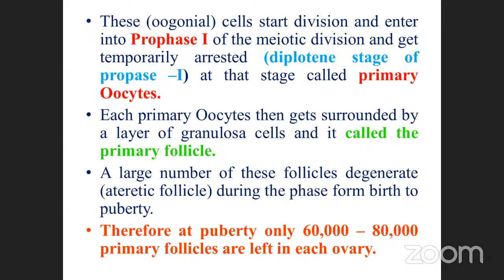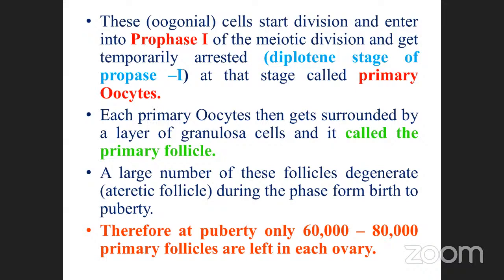A large number of these follicles degenerate during the phase from birth to puberty. Birth to puberty, this is very, very important. Which follicle cells degenerate? The primary follicles, otherwise called atretic follicles.